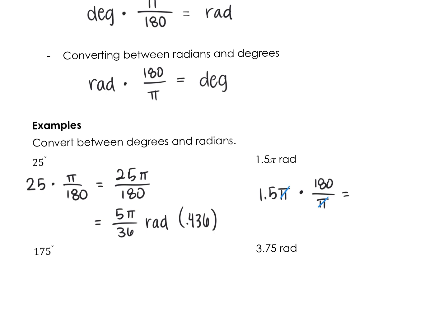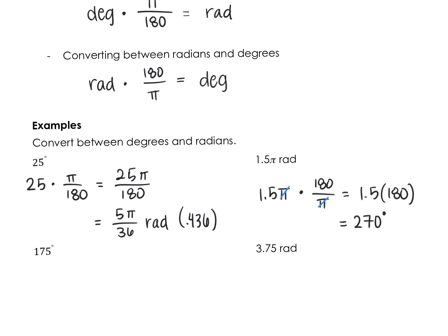So what I basically end up doing is 1.5 times 180, which gives us 270 degrees. So it is a lot easier to convert from radians to degrees if those radians already contain pi.